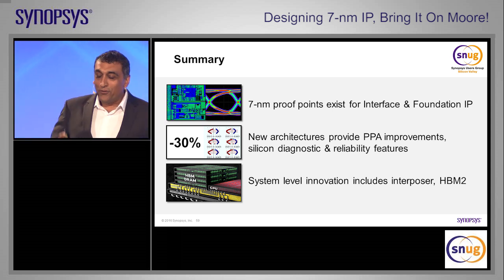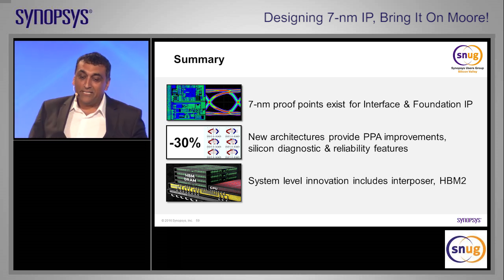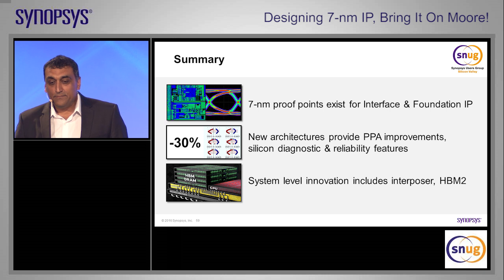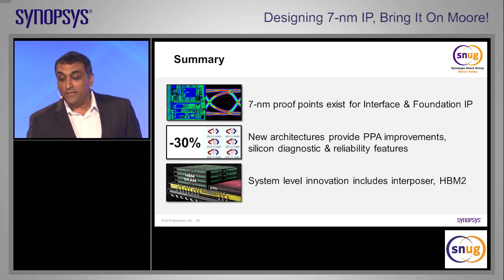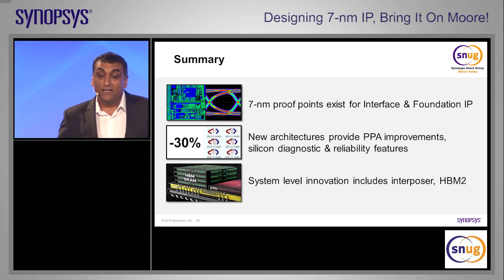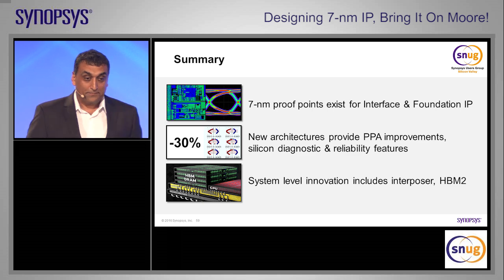At a very top level, we added more stuff, but we got the power and area down at 7 nanometers. And the bring it on more is all the system level innovation. This includes interposer and HBM2.